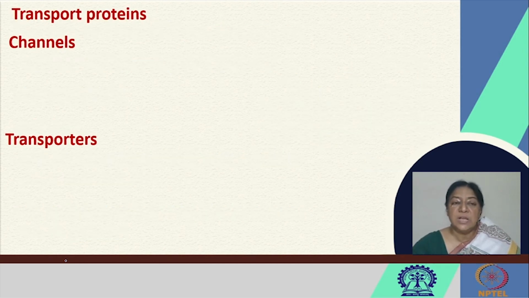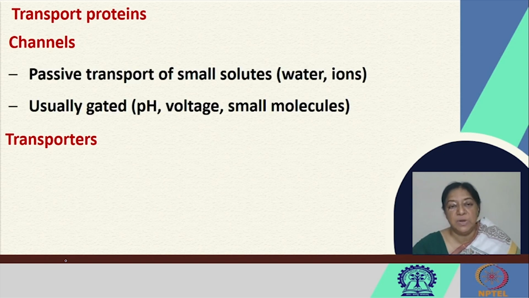In the transport proteins, there would be channels and there would be transporters that affect the transportation of nutrients in either direction across the cell membrane. When we are looking at passive transport of small molecules, water or ions, we can have gated channels.